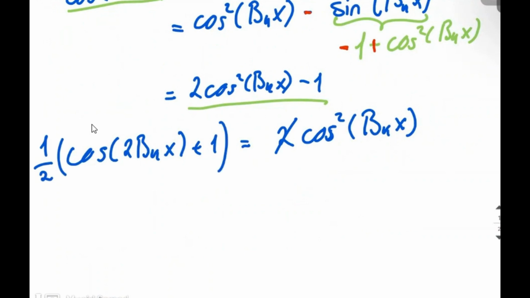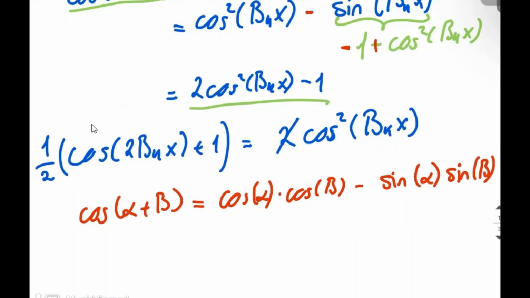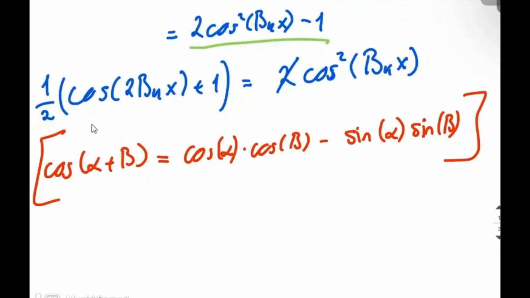Okay, and just to recap, what is this cosine formula about? We have cosine of alpha plus beta is equal to cosine of alpha times cosine of beta minus sine of alpha times sine of beta. And in our case, we used just for alpha and beta the beta k x.